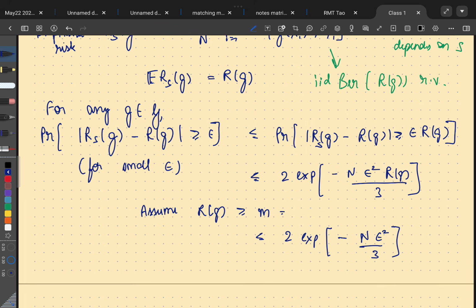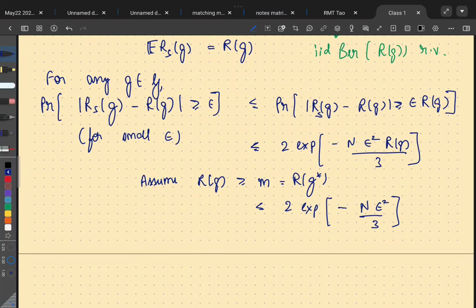In fact, this m is nothing but R of g star. Any questions so far?